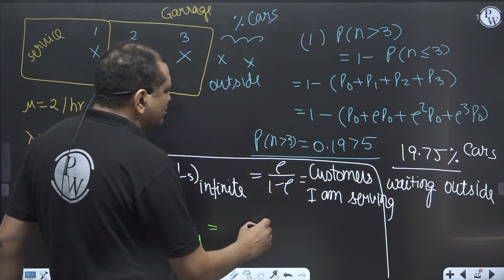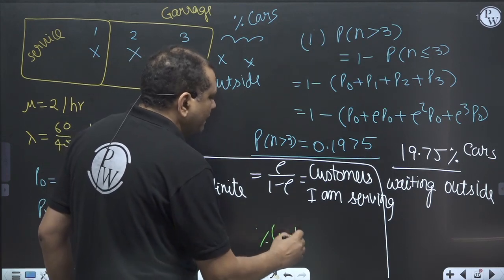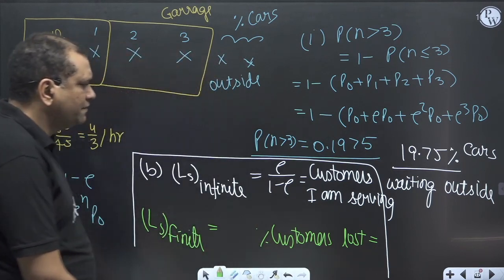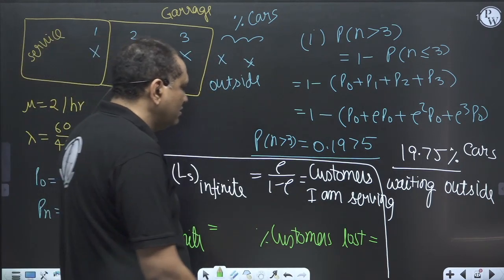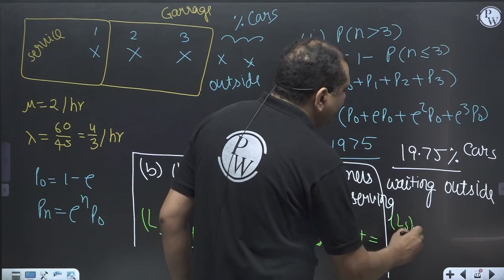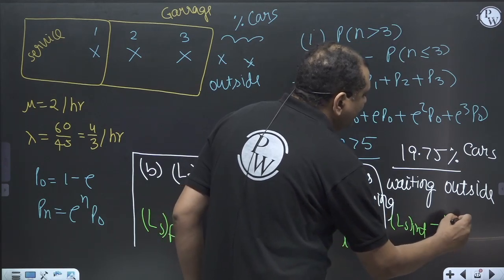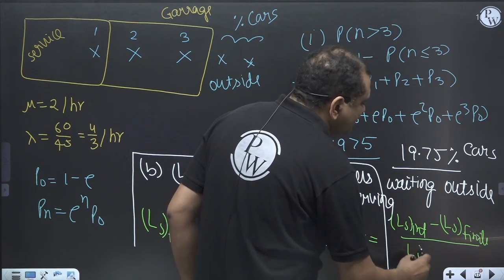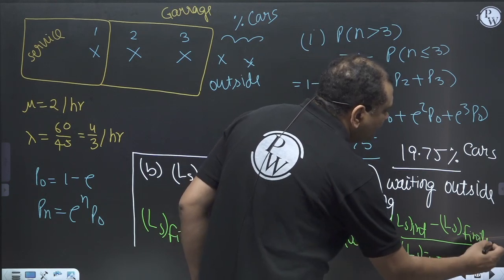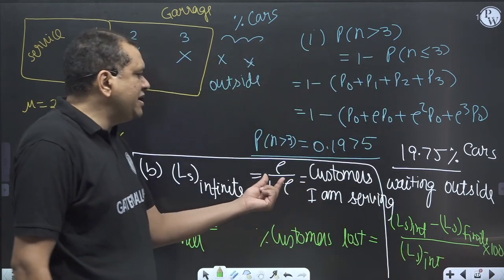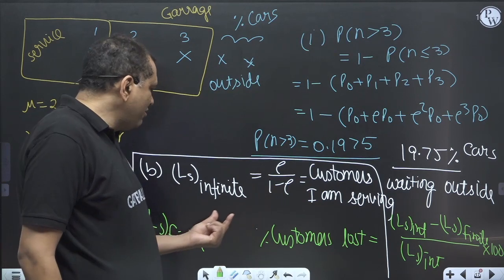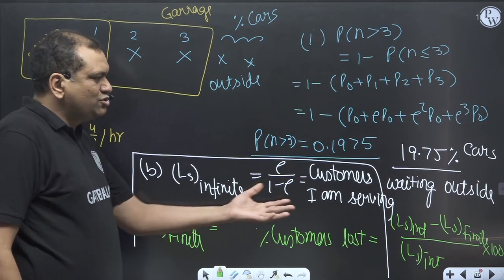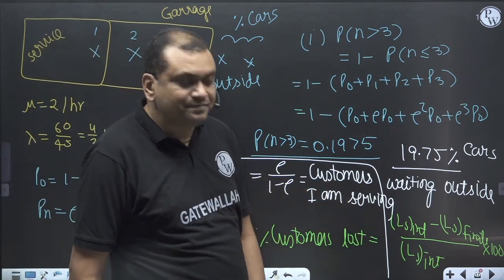So percentage customers lost are LS infinite minus LS finite divided by LS infinite into 100. Previously, these many customers I was serving. Now, these many customers I will serve if there is a finite length. So percentage customers lost will be this much.